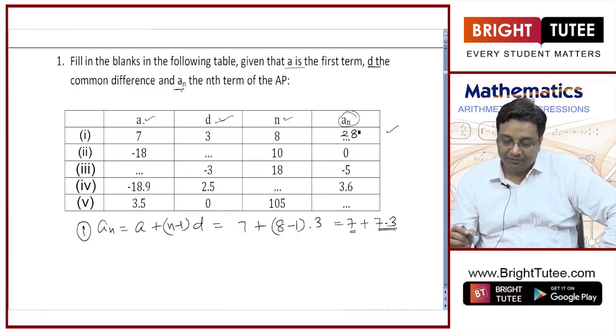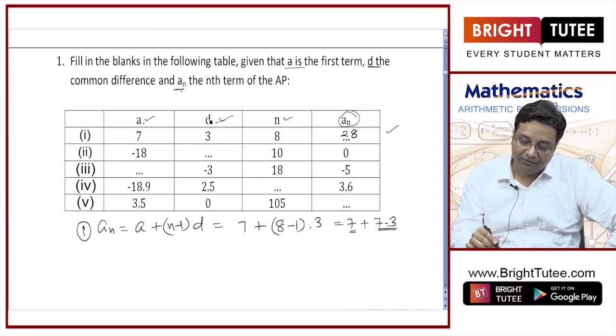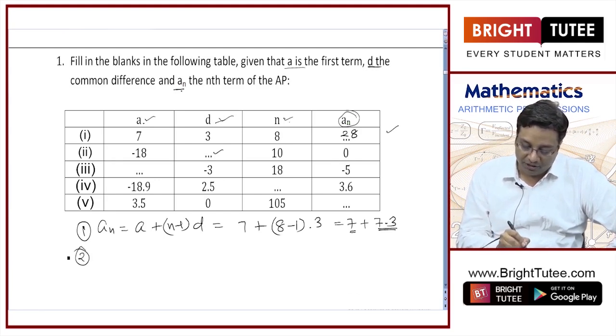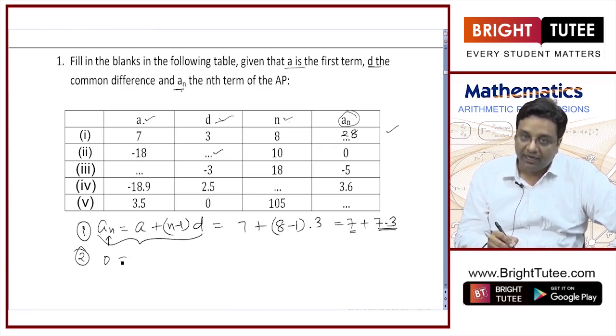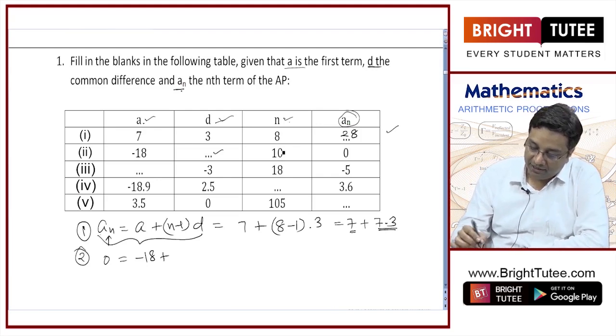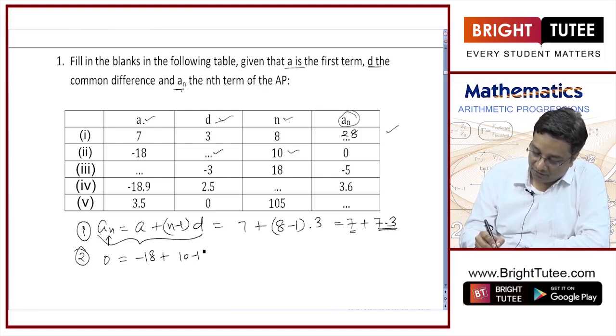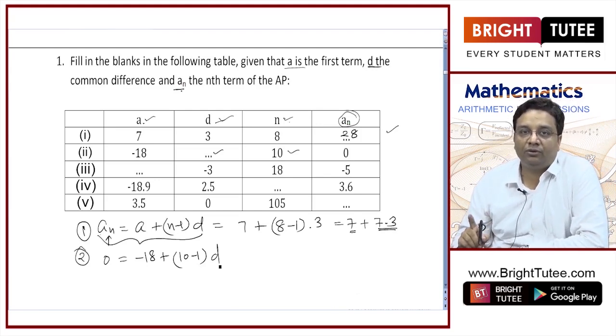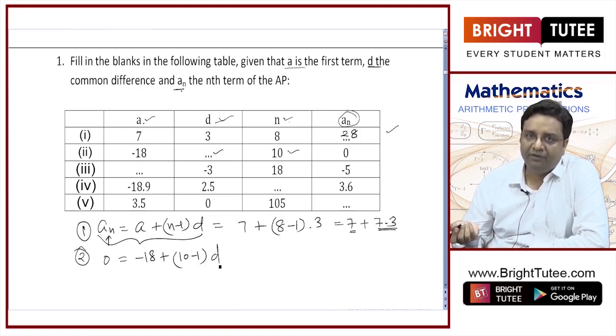Similarly, in the next question, you have to find common difference D, and you are given AN equal to 0. So in the second question, we will use this same formula. On the left hand side, you put the value of AN which is 0, and first term A is given as minus 18, N is given as 10, so 10 minus 1 into D. So D is the only unknown quantity in this equation, which you can find very easily.